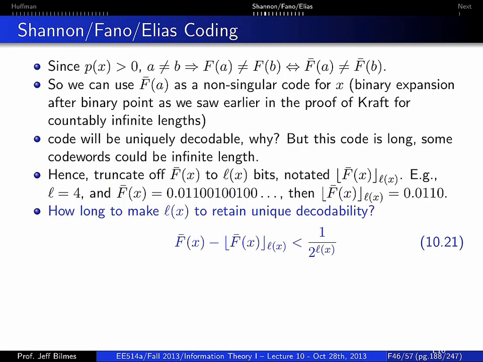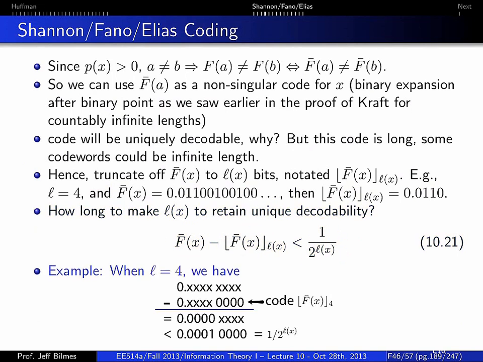Well, let's consider equation 10.21, where we see that the original value of f bar minus the truncated value is going to be less than 2 to the negative L. You can kind of see this in the following way. Let's say that here's a particular binary value, which I'm just writing as a bunch of x's here, and then here's the truncation to 4 bits.